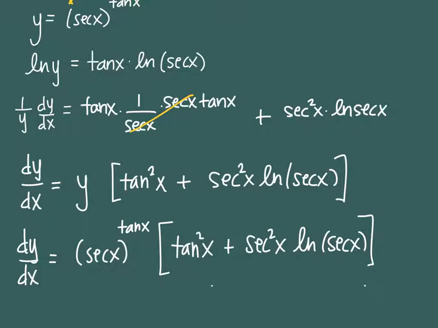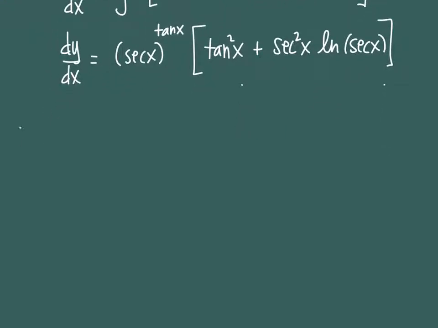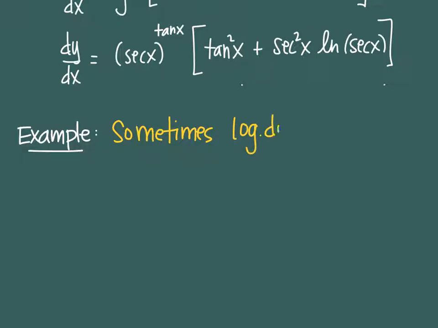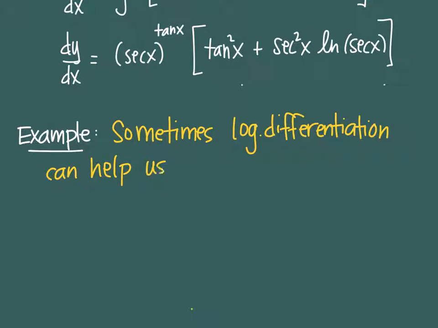This is a long one. Okay, last one. I want to show you that sometimes the logarithmic differentiation process that we were just doing can help us avoid the quotient rule.